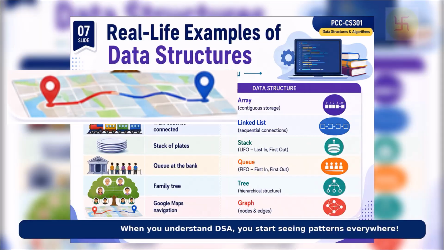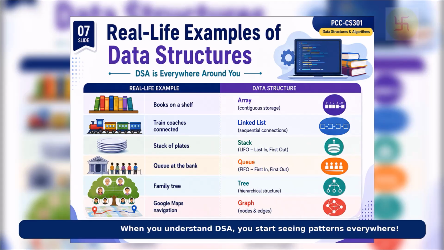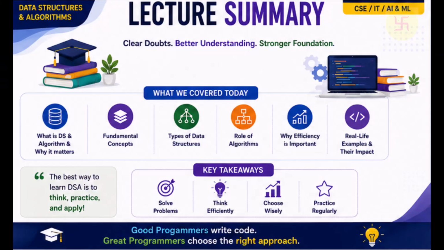So, as we move through this course, try to connect every data structure with a real life example. Once you understand the concept, you will start seeing data structures everywhere. And that brings us to the end of our first DSA lecture.